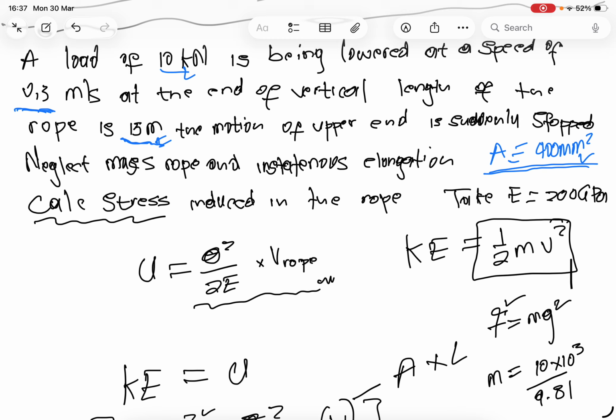Strain energy can go to the form of kinetic energy, so I can equate kinetic energy with the strain energy.